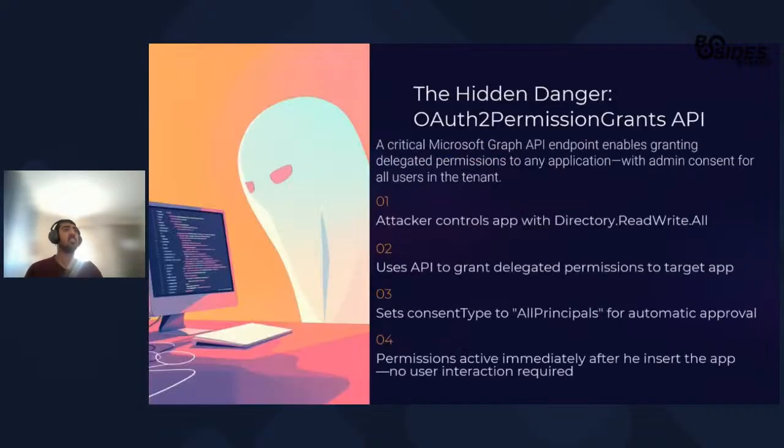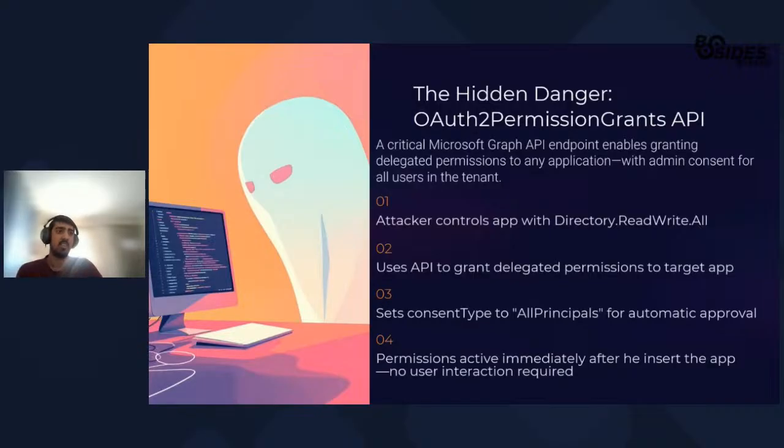But in this attack, the attacker has an application with Directory.ReadWrite.All, and he creates a malicious page linking to some other application he also owns, without any sensitive permissions. Then after, for example, a powerful user enters this link, he will see no consent because the application he is using does not use any sensitive permissions.